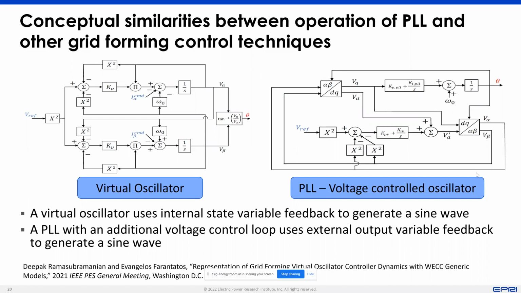This is a very idealized way of looking at it, because we are not looking at the current controllers, or any of the switching and so on. But this way of representing gives us a perspective of what is needed or what can be done from a services point of view. And so if we add this voltage controller to this, you can generate a sinusoidal wave of similar magnitude, similar frequency, and so on.